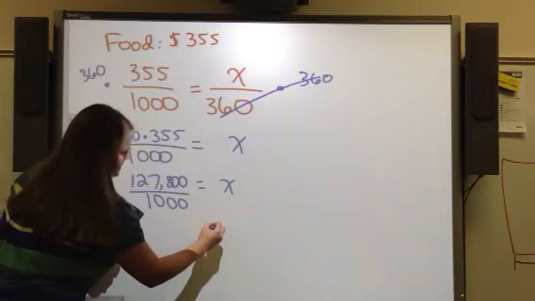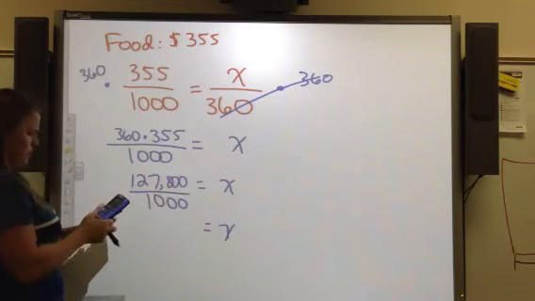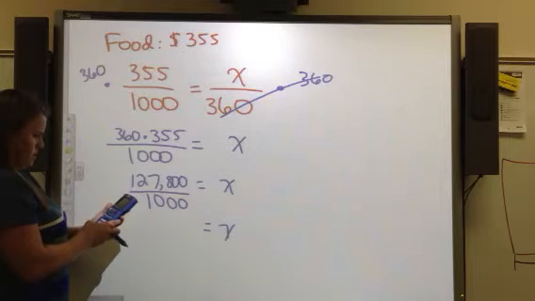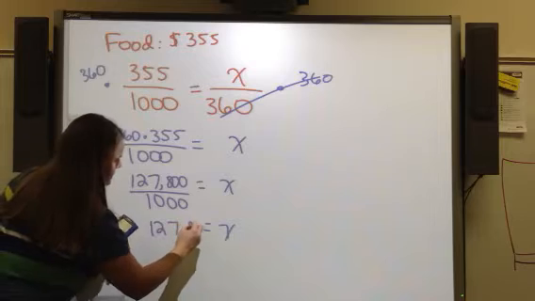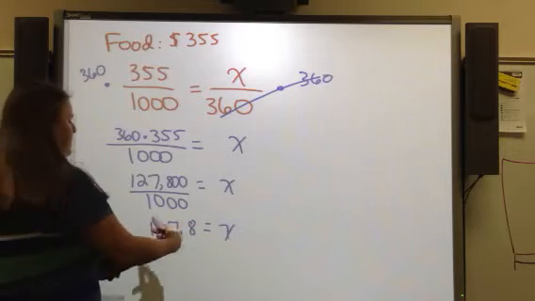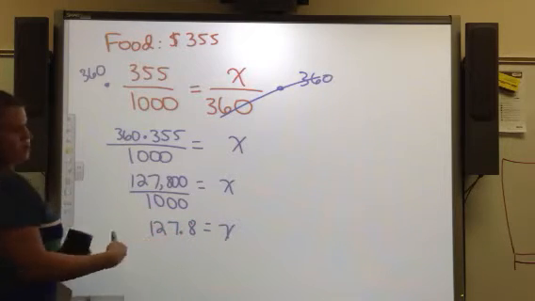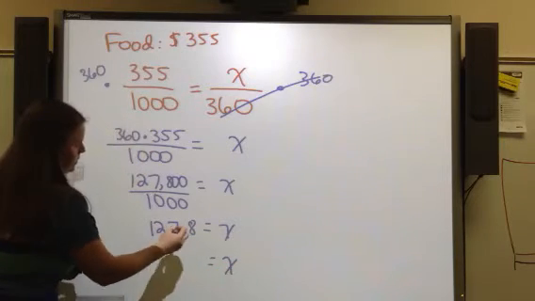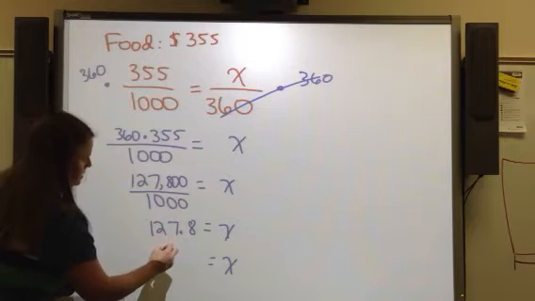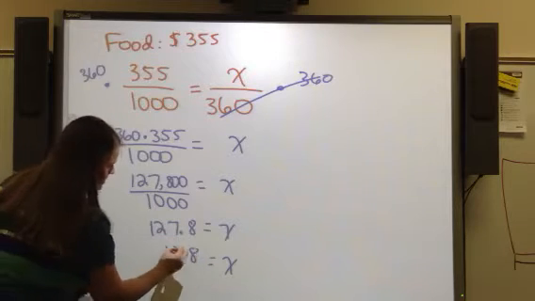I'm now going to divide my numerator by my denominator, and I get 127.8. Now, yes, I could make you find that portion on the circle. Right now, we're going to round to the nearest whole number, and I'm going to round 127.8 to 128.